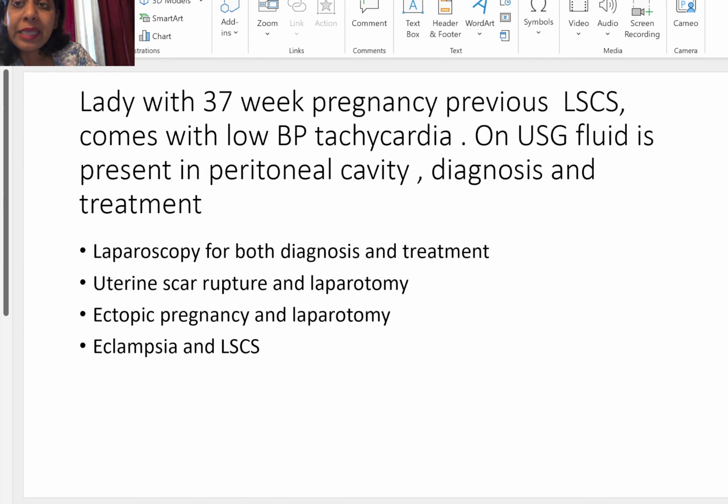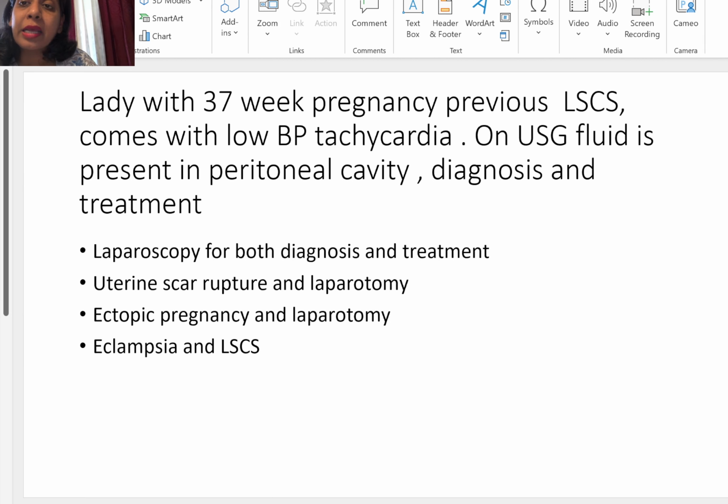Diagnosis and treatment. So now they have told you that a previous cesarean patient at term has gone into hypotensive shock, and now there is fluid in the peritoneal cavity. What is the diagnosis and treatment? The diagnosis is uterine scar rupture.